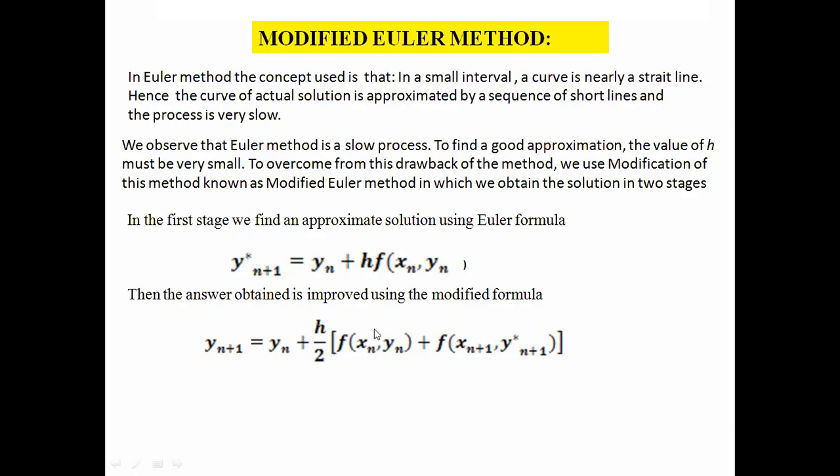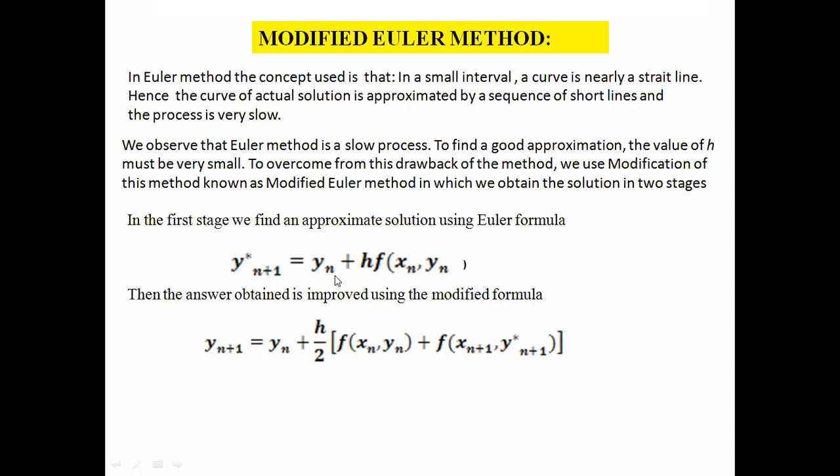While modifying, you are taking the average value of the slopes, that is h by 2. So the modified formula gives the value of y at x equal to n plus 1. This one, yn plus 1 star, is only a rough answer. This is the good answer.